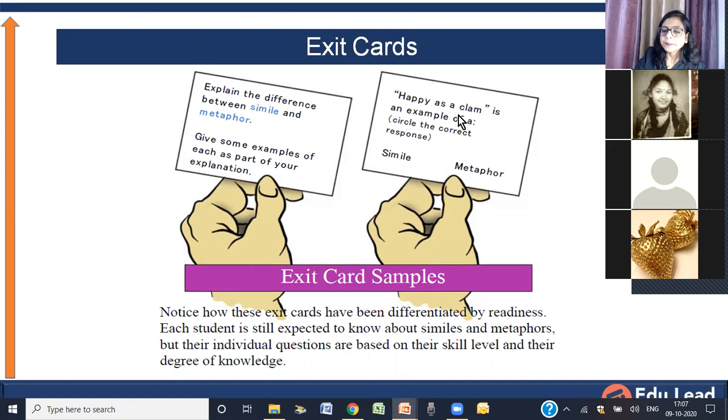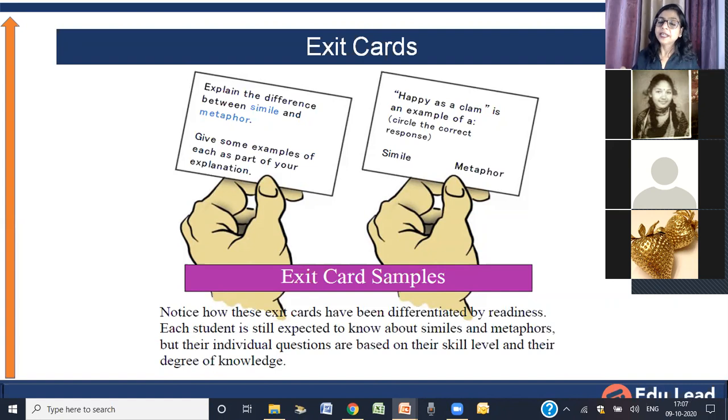Versus: Happy as a clam is an example of, circle the correct response, simile or metaphor. You can see the difficulty level of both questions is different, and you can give them to different levels of students, but both are checking the same concept. Right, so that's the example of an exit card.